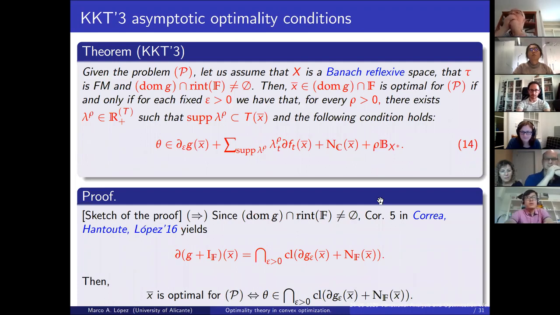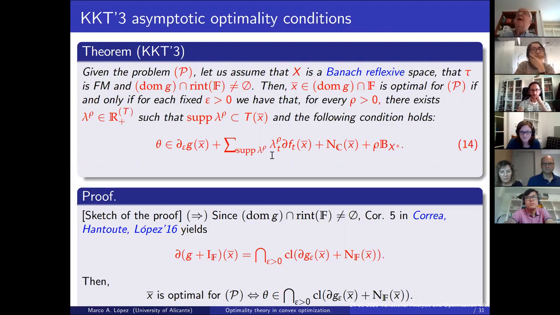These multipliers, lambda, rho, t, do they also depend on epsilon? I suppose so, but I'm not sure. The notation is imprecise. They depend also on epsilon. I should write here lambda, rho, comma, epsilon. If I fix epsilon, yes, I choose rho. These lambdas depend on rho, but also on epsilon. You are completely right. It's not precise.